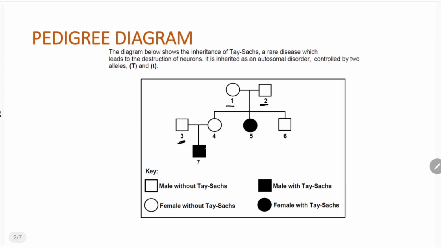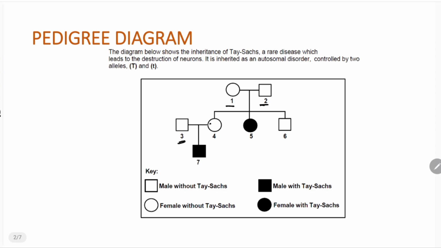We know that individual 7 is an offspring of individual 3 and individual 4 simply because the line leading to individual number 7 is a vertical line joining the horizontal line that joins individual 3 and individual 4.